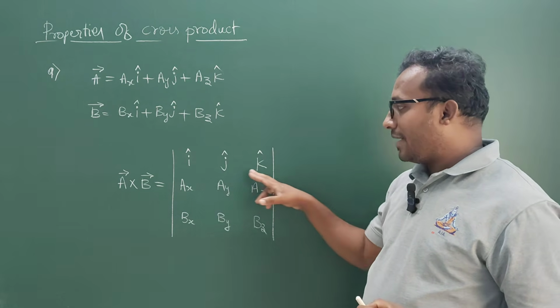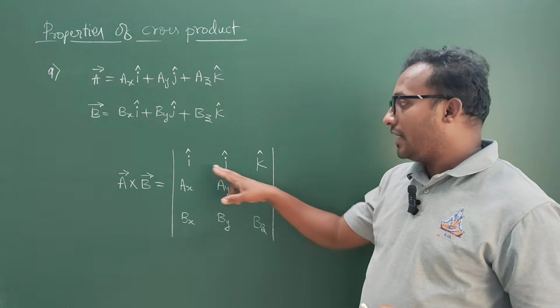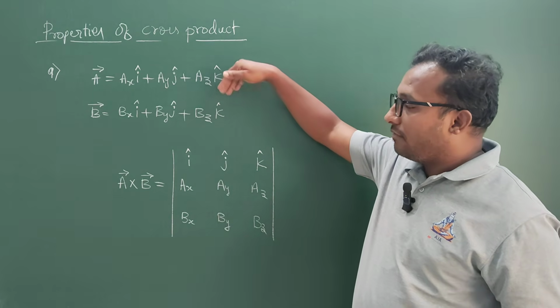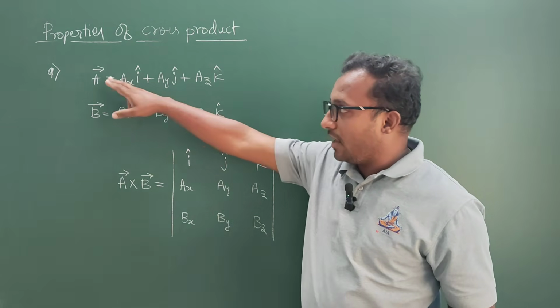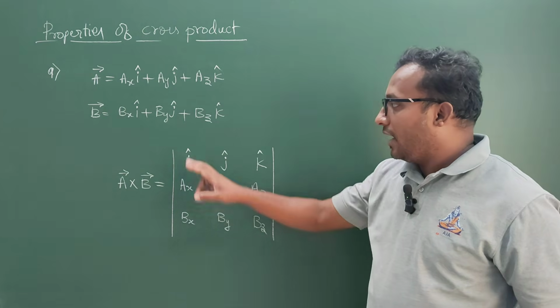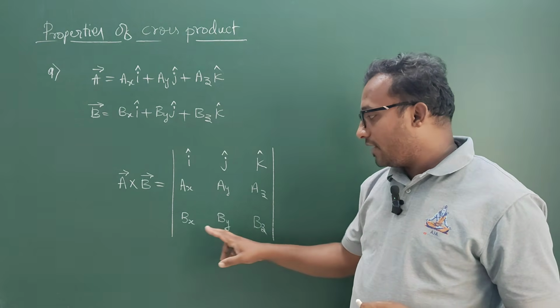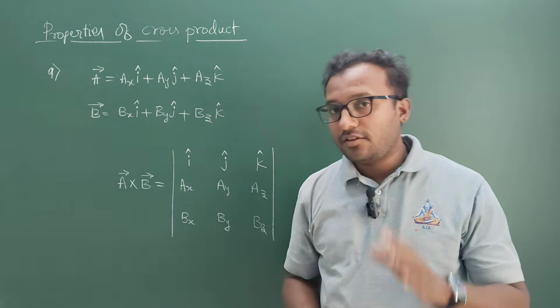The first row of this matrix is the basis vectors i, j, k. These are the basis vectors because by using them we constructed, or expressed, A and B. In the second row, ax, ay, az, the components of A. In the third row, bx, by, bz, which are the components of B.